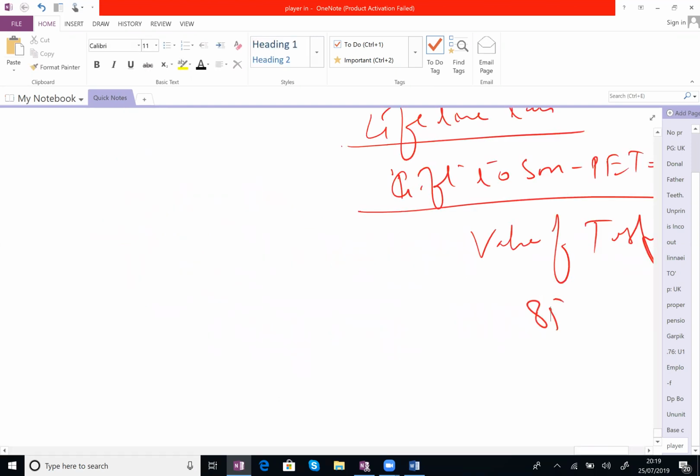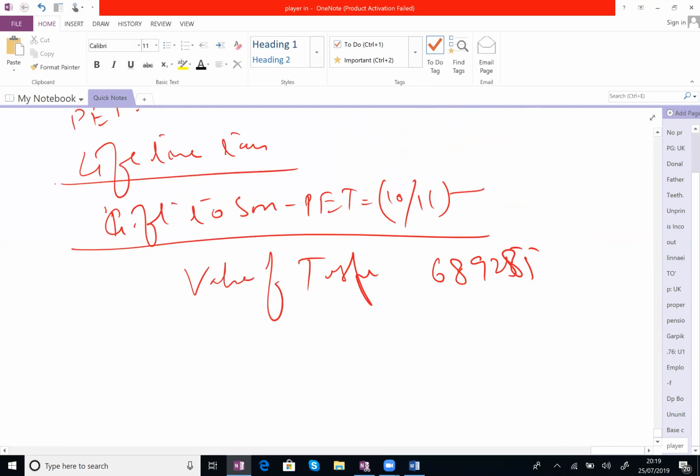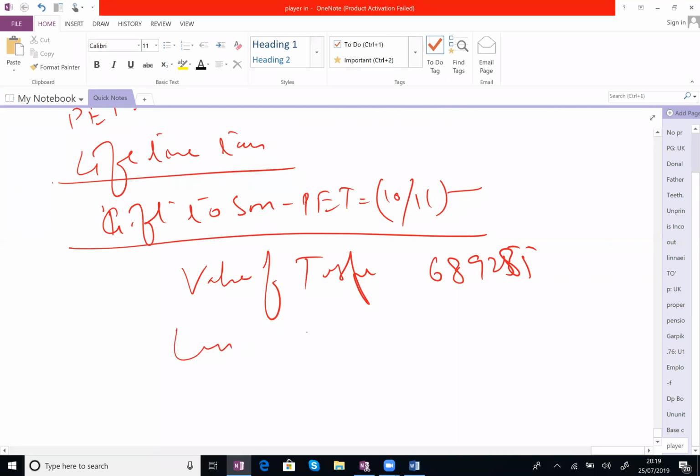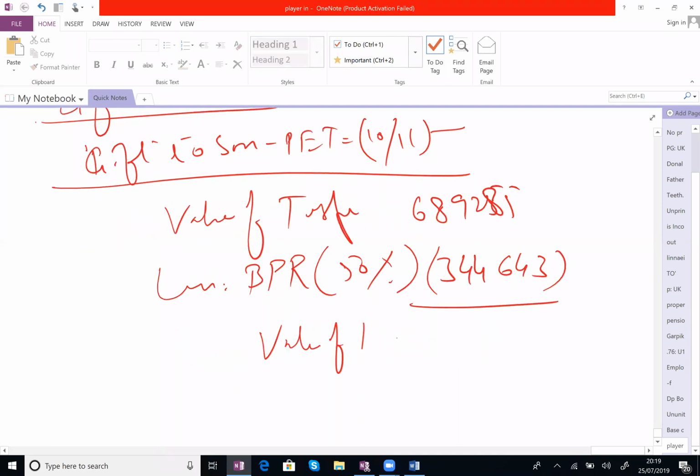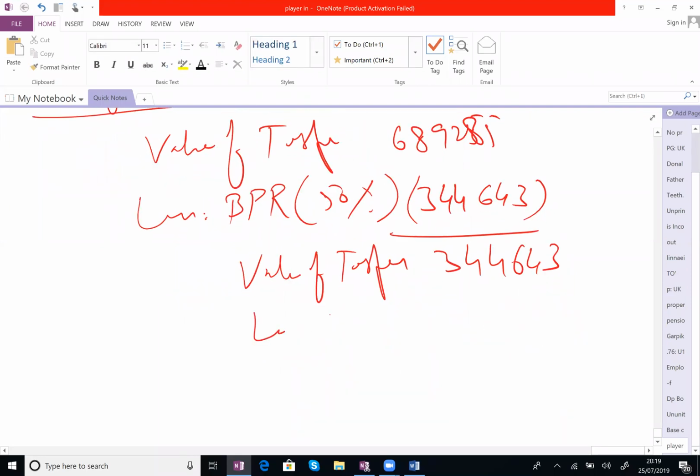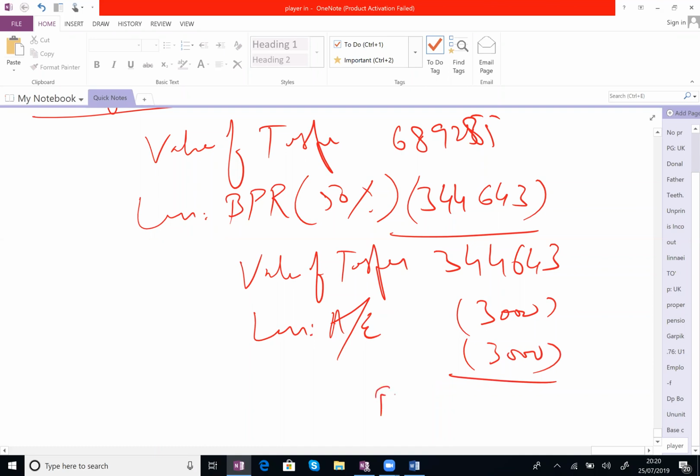Now deduct the BPR because BPR condition is met. How much on quoted shares? 50% BPR available, 344,643. So the remaining value of transfer is 344,643. Now deduct the annual exemption of current year 3,000 and previous year 3,000. So PET value is 338,642, right?